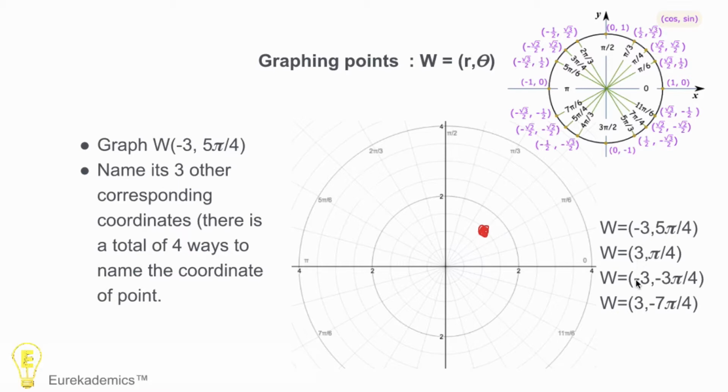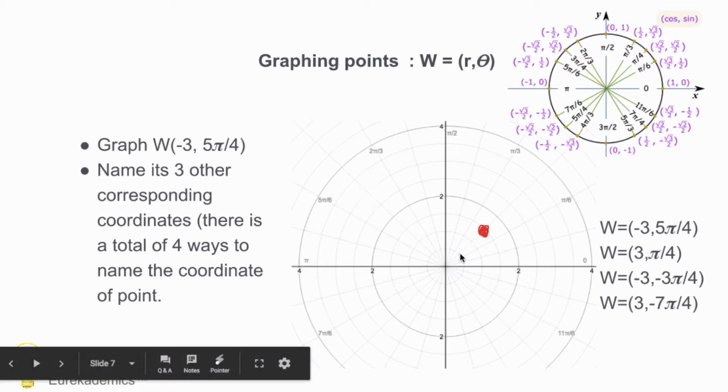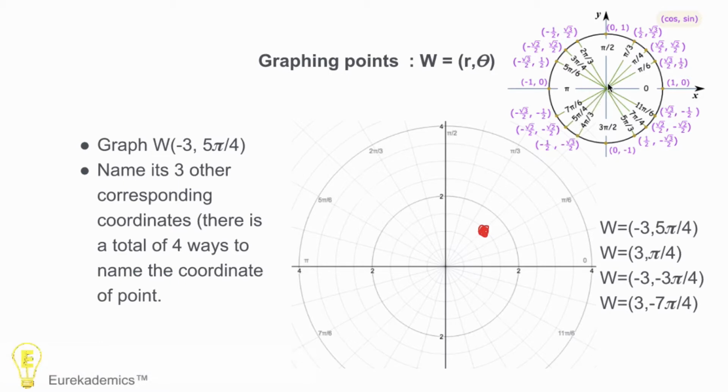Okay, let's try the variation where we still have a negative radius, but we didn't come this way, we went the other way. So we have to land here, but with a negative, I believe, yes. Okay, so how do we get there? You're like, okay, I need 5 pi fourths, and I'm going to go back 3. So 5 pi fourths positive is this way.